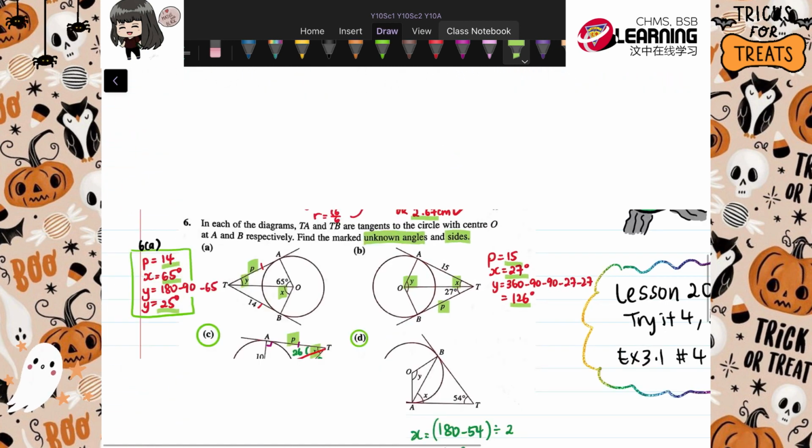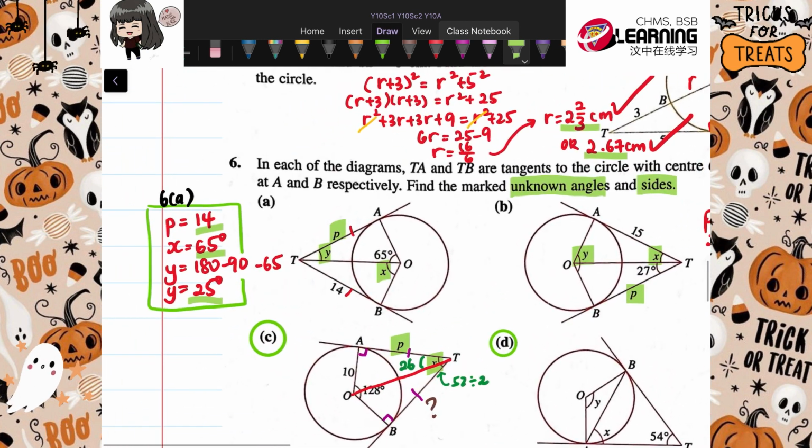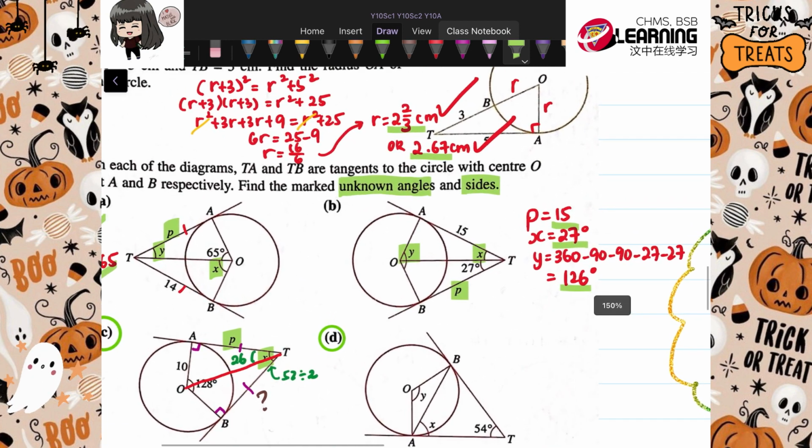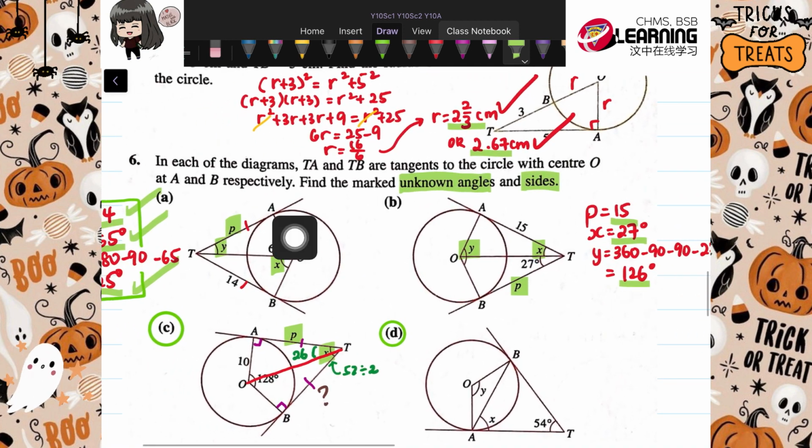Question 6a, p is 14, x is 65 and y is 25. Please tick that. I think it's easy. They are the same length here, p and 14, and so this angle x and 65 is also the same. For y, it is 180 minus 90 minus 65.